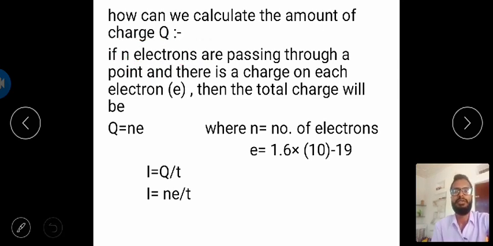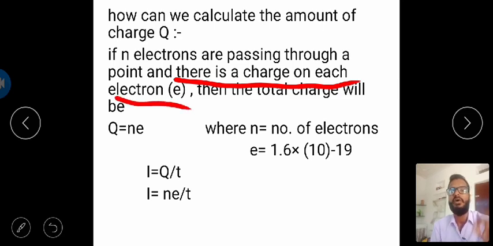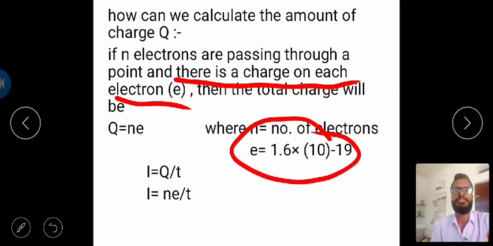If n electrons are passing through a point in a conductor, then there is always a charge on each electron, and we all know what is the charge on each electron? 1.6 into 10 to power minus 19.